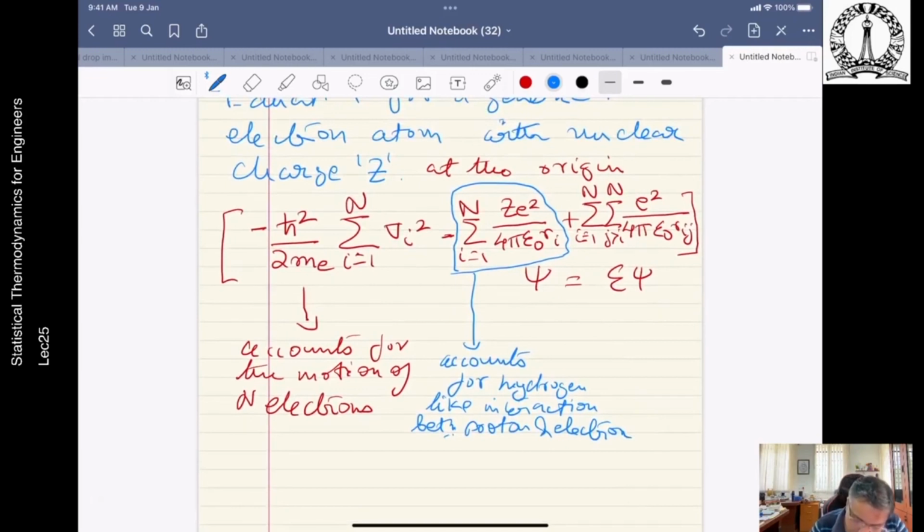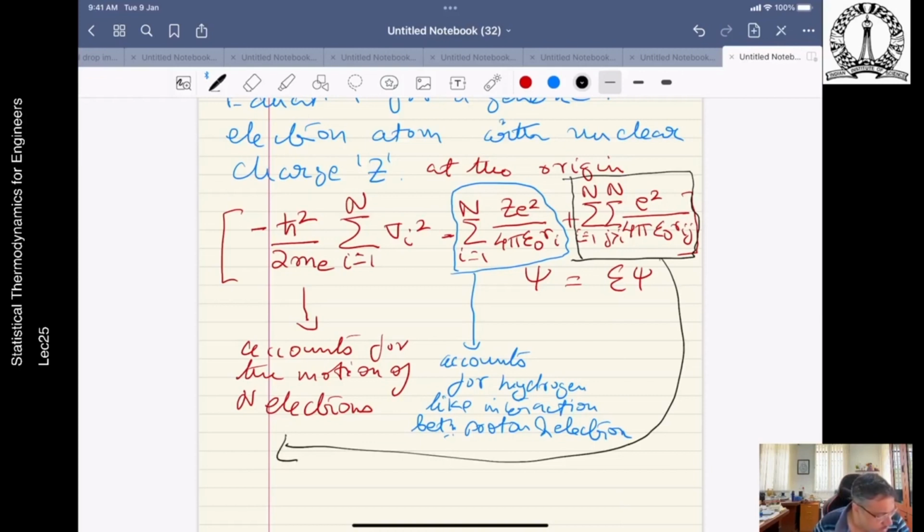And the last term, the third term, is to account for repulsive forces among the various electrons.